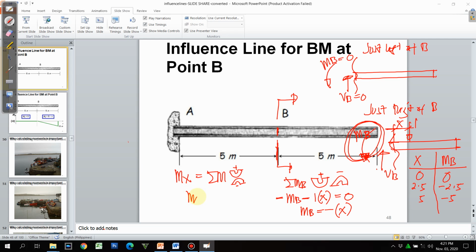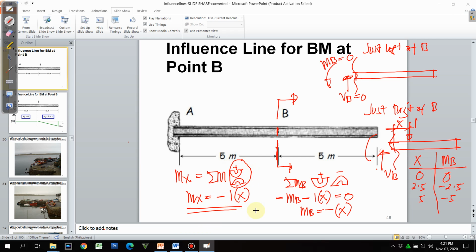So therefore MX is equal to 1 would tend to bend your fiber downwards, that is negative 1 times x. So that's it. To avoid confusion, we will go away from assuming the direction of MB. Just stick to the rule that you do not have to assume direction for your moment, but to follow this ruling.